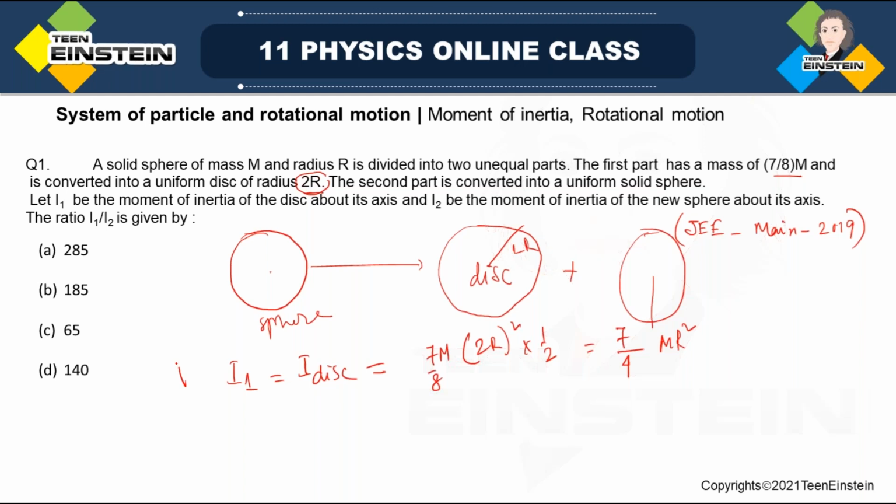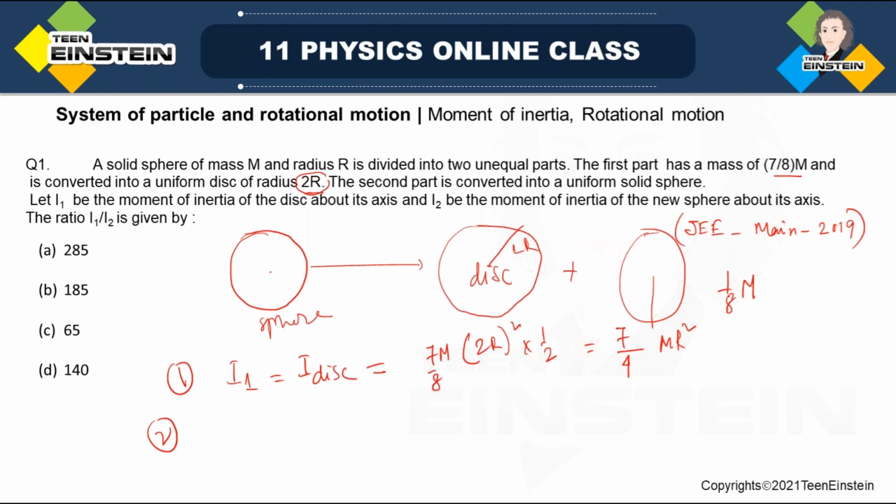This is one part. The second part is the solid sphere. We don't know the radius, but the mass is known.